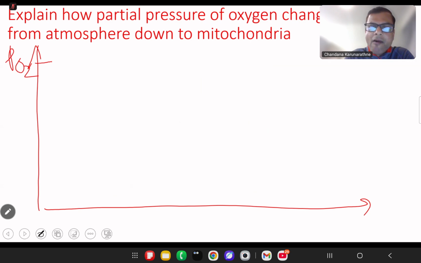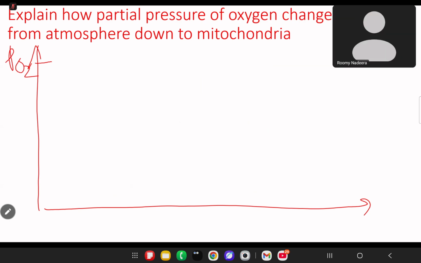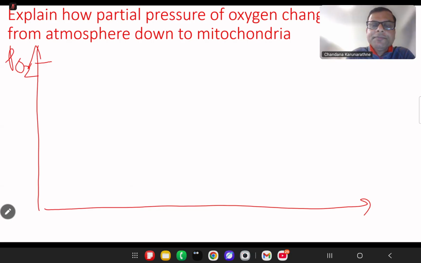Anyone? 150 millimeter mercury. Okay, what is the reason for 150? So I say 150 over here. Why is it 150?